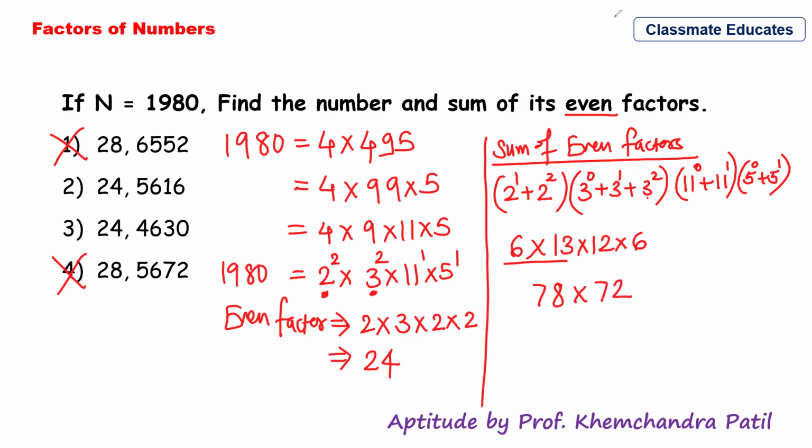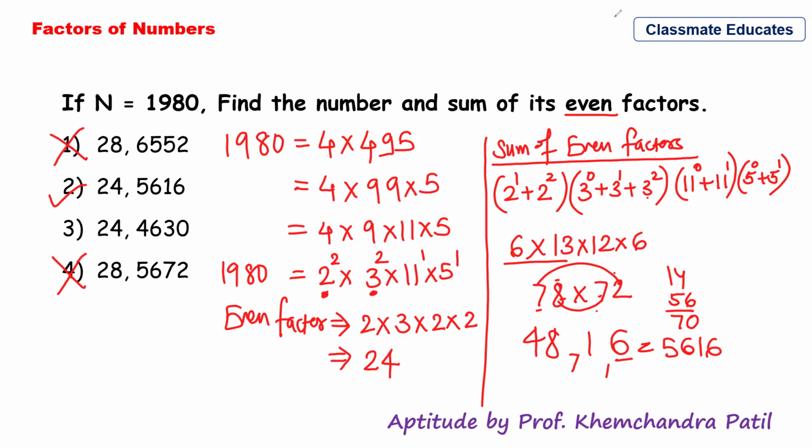If you multiply 78 and 72, 7 sevens are 49, 8 twos are 16, carry 1, and do the rainbow calculation. 7 twos are 14 and 7 eights are 56. So this total is 70 plus 1, 71. Carry 7. If you add this, your answer will be 5616. Only on the basis of the unit place also, the unit place of this product is 6. In that case you can see your answer is option 2, because we had already eliminated two options.